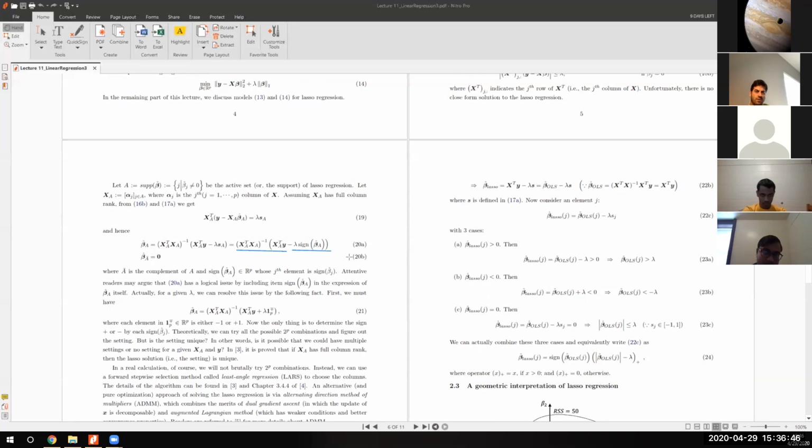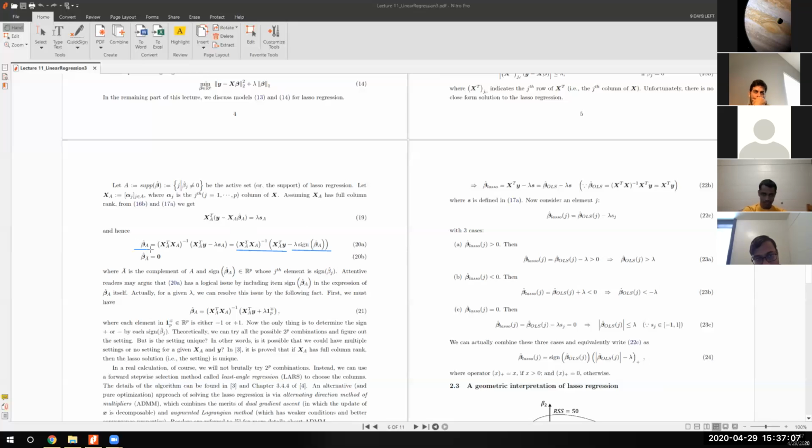First of all, okay, I can see the shrinkage, but where is the subset selection? Or let's say, where is the variable selection? Second, don't you feel something very weird here? Do you have any questions regarding 20a, the formulation itself? See this.